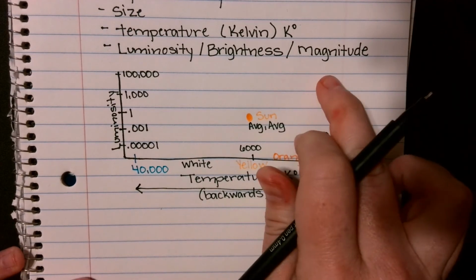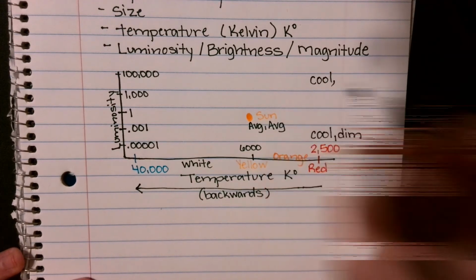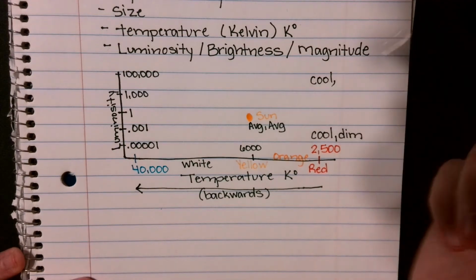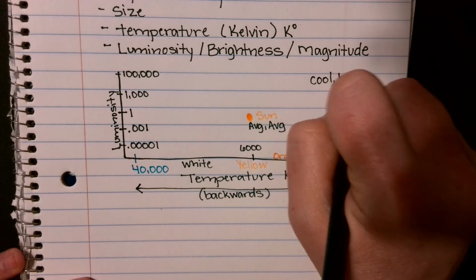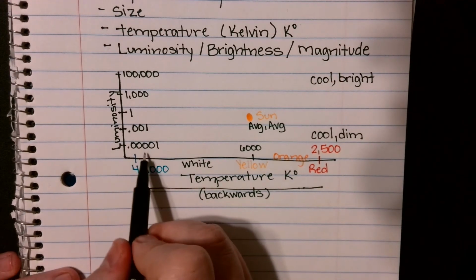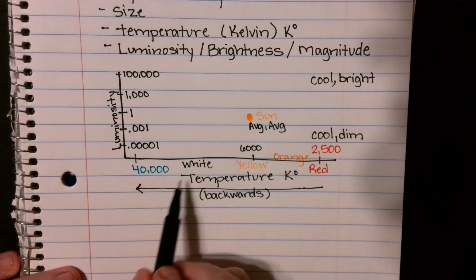This quadrant up here is still cool because it's still at 2,500 degrees, but its brightness is 100,000 times brighter. So these are going to be cool and bright. This chunk down here, on the other hand, these are very, very hot.